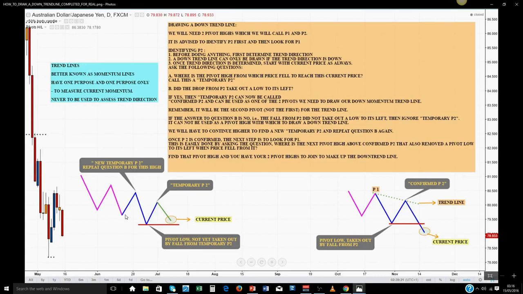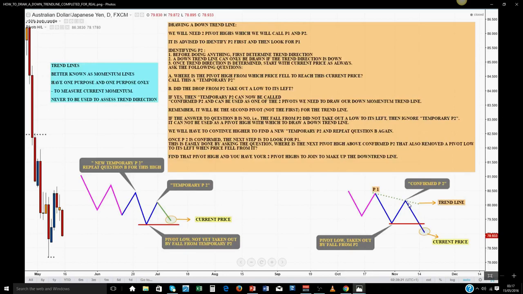Okay? Now, if you ask the question, when we find this pivot high that is above current price, and we say when price fell from, say, temporary P2, did it take out a pivot low down and to the left of it? In this case, it did.